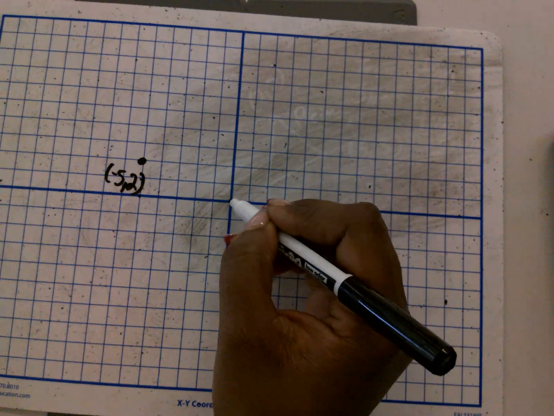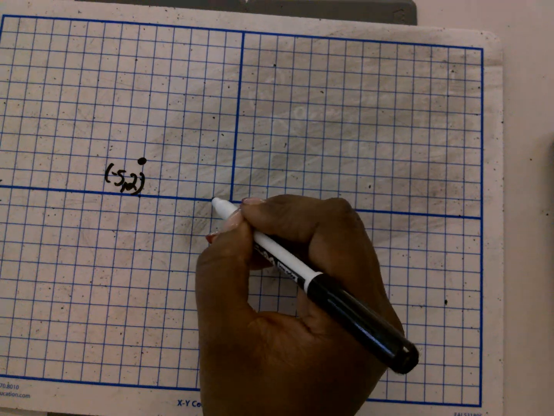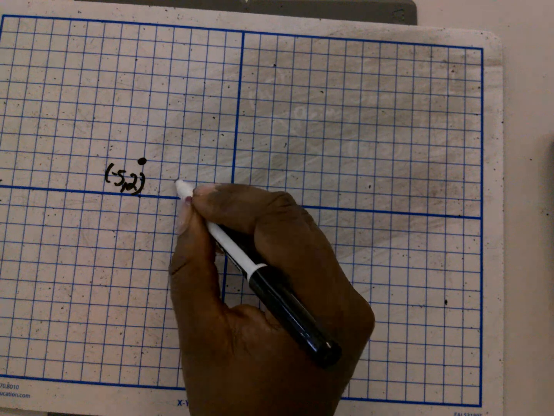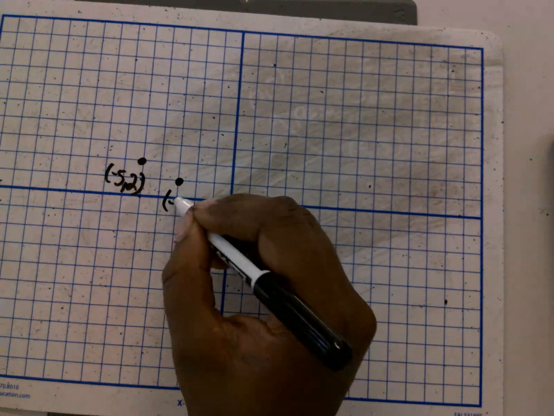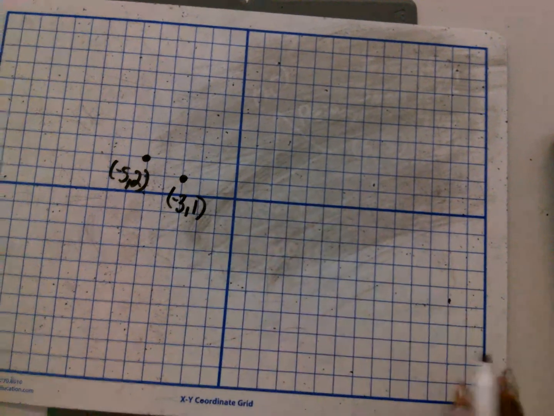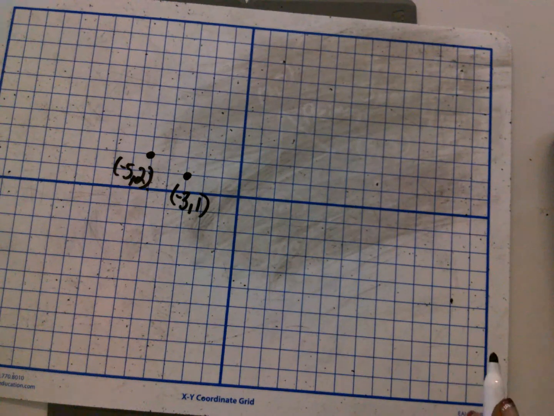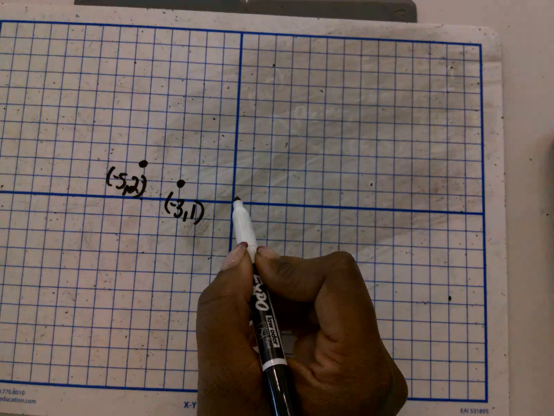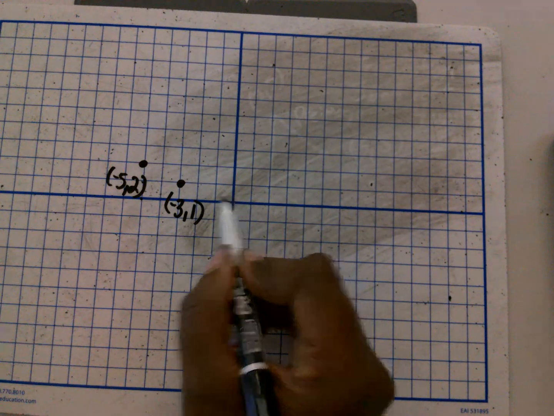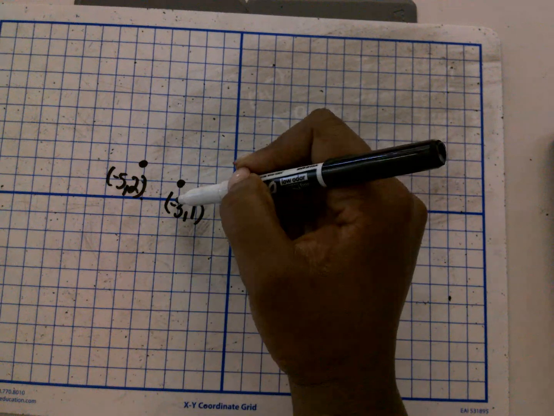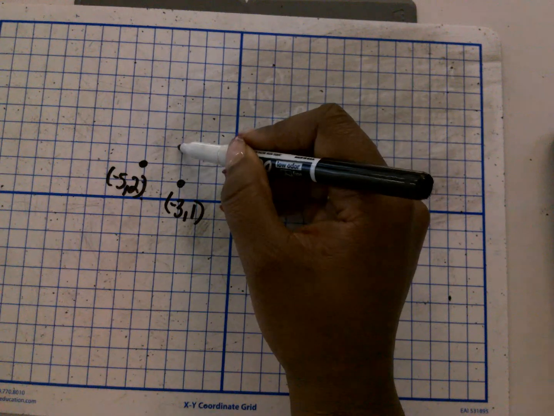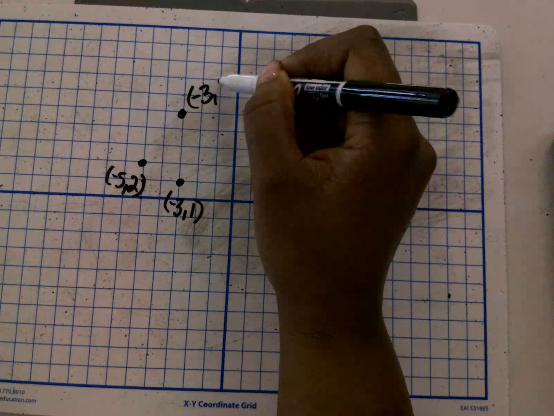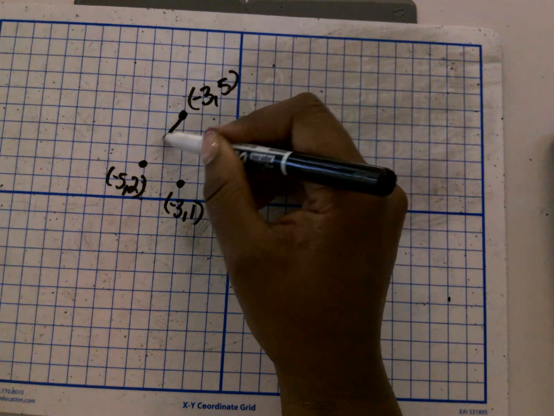Then I'm going to go -3, 1, 2, 3, and +1. -3, +1. Then I'm going to go -3 and +5. 1, 2, 3, 4, 5. Connect.